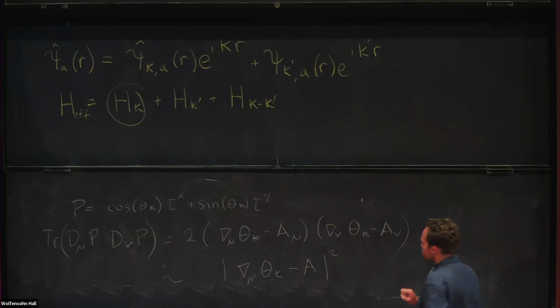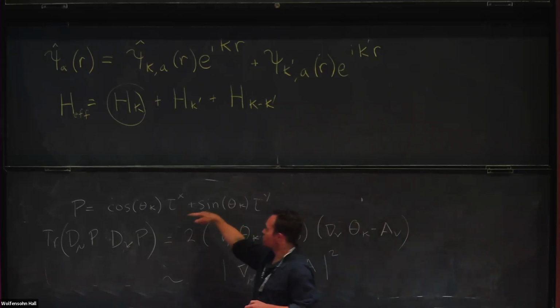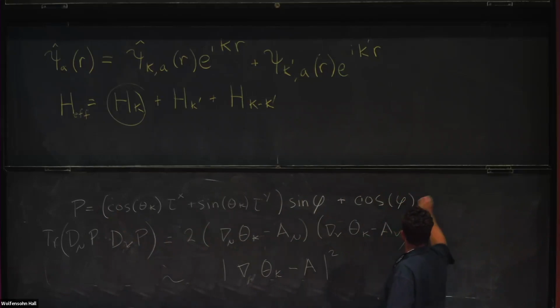So in this expression here, I assumed only intervalley coherence, i.e. that P was purely in the xy plane. But really more generally, I could also have valley polarization by writing this as sine phi plus cos phi tau z.